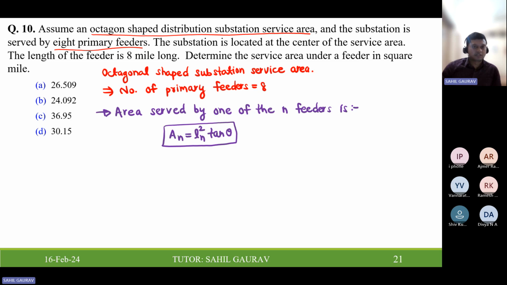This expression is important. And tan theta is 360 degrees upon 2n.